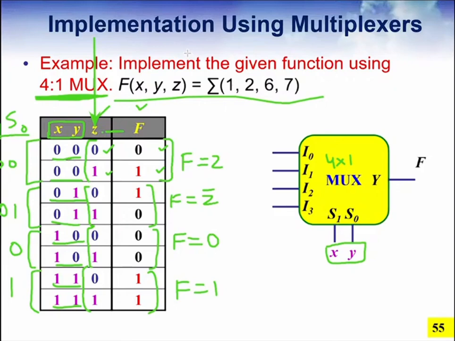The reason is that you can see the values of these two are the same. Two lines the same, 0, 0, 0, 0. Another, 0, 1, 0, 1. Are you getting it? The value of XY, I am telling here. Look here, 1, 0, 1, 0, and 1, 1, 1, 1.